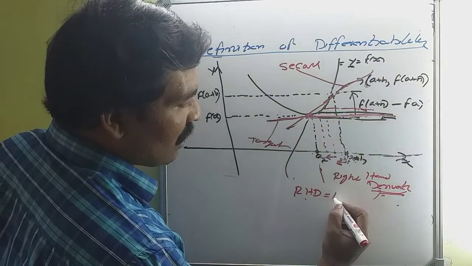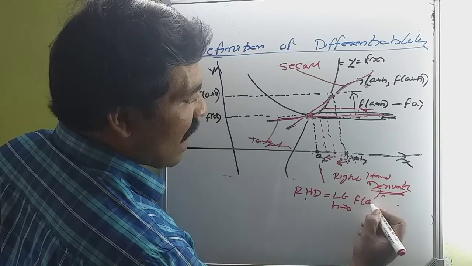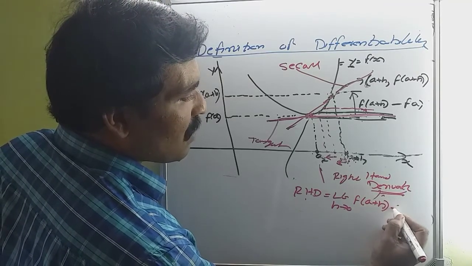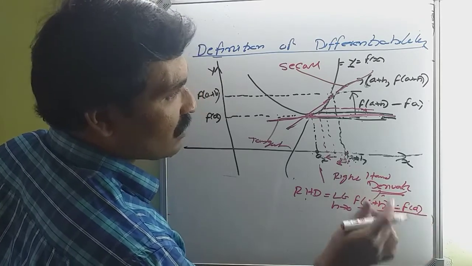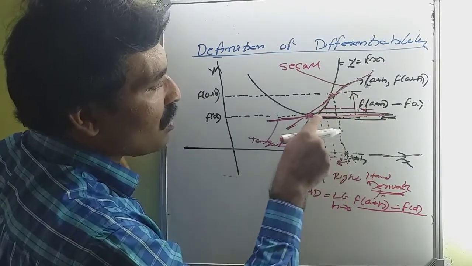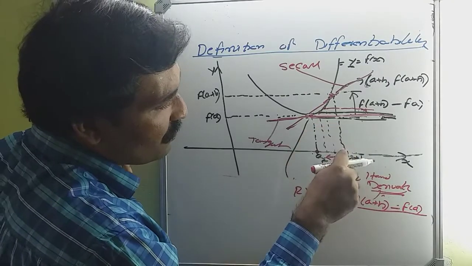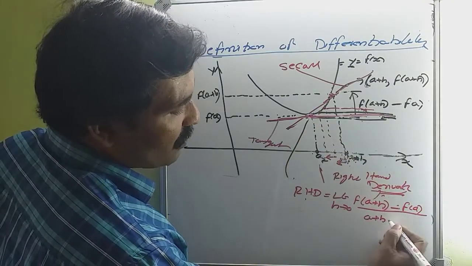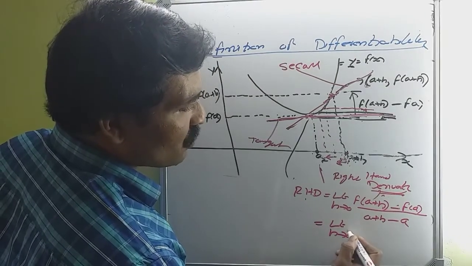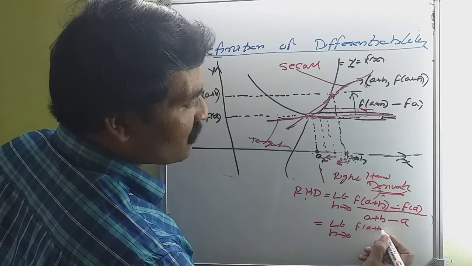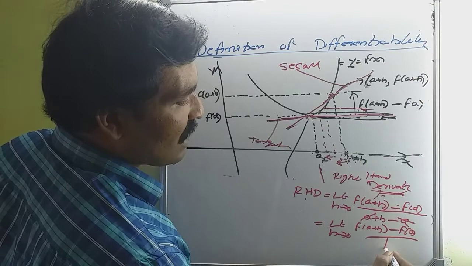This is equal to the limit as h tends to 0 of f of a plus h minus f of a, this height, divided by this width, a plus h minus a. That is equal to the limit as h tends to 0 of f of a plus h minus f of a, the a cancels, divided by h.